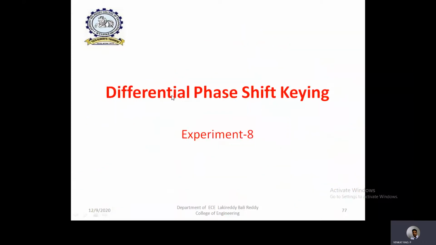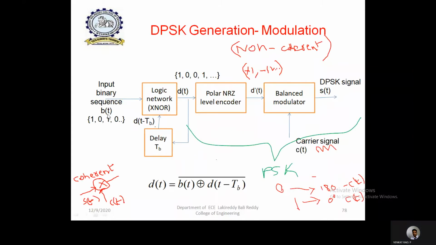That's why this is called differential phase shift keying. So the actual input data is converted into differential input data, and based on the differential input data, the PSK outputs are generated. That is a very simple process. But here we need to observe how the actual input is converted into differential data by using some logic circuit.